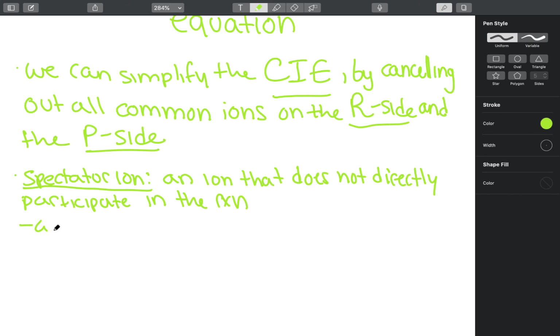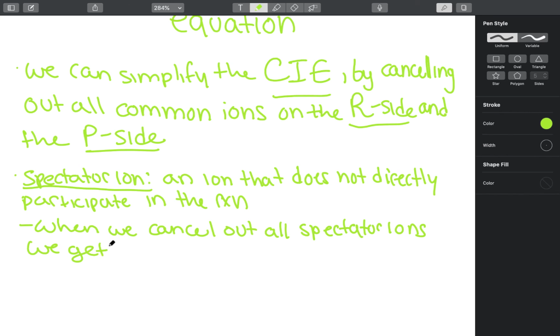And when we cancel out all spectator ions, we get the net ionic equation.